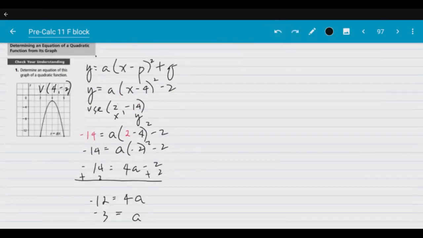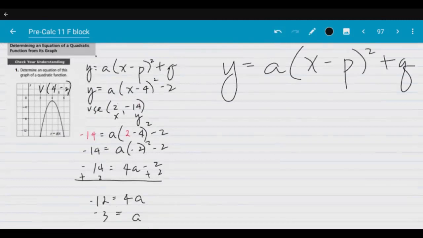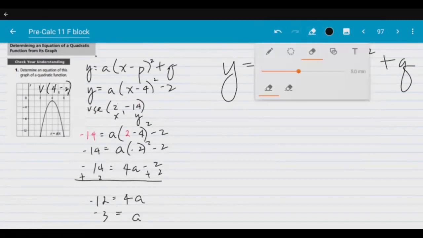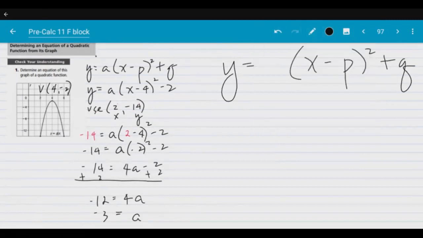And all I have to do is plug it into here: y equals a times (x minus p) squared plus q. The y here will remain the same. The a value here, I'm going to get rid of, and I'm going to replace it with the value that I got for a right here, which is -3. The x will remain the same.